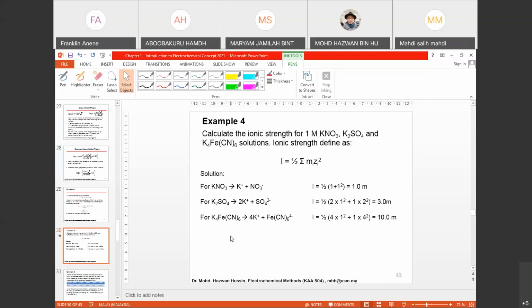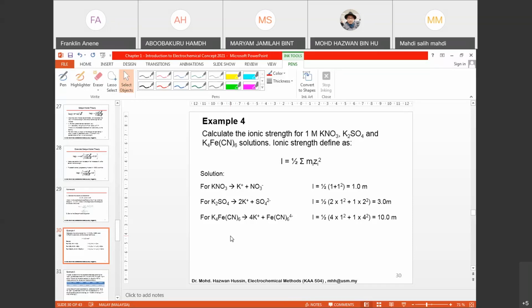And then the last one, potassium ferricyanide. The ionic strength I is equal to half times 4 multiplied by 1 squared. Why 4? Because of the stoichiometry. When it dissociates, it forms 4 moles of K plus and 1 mole of ferricyanide.